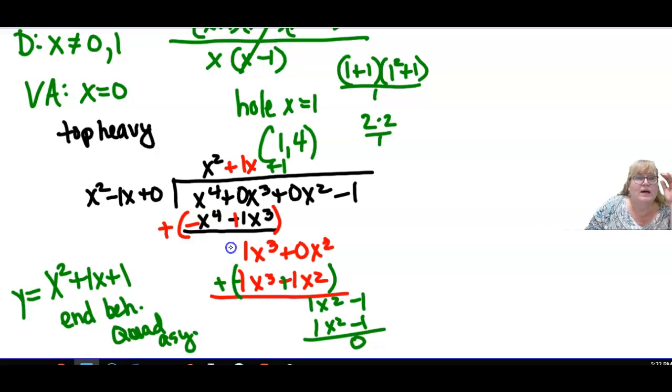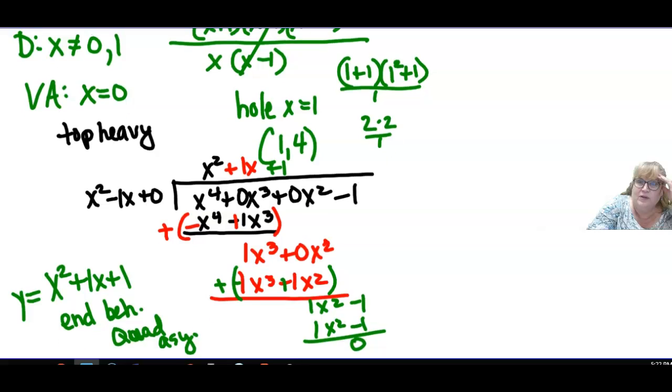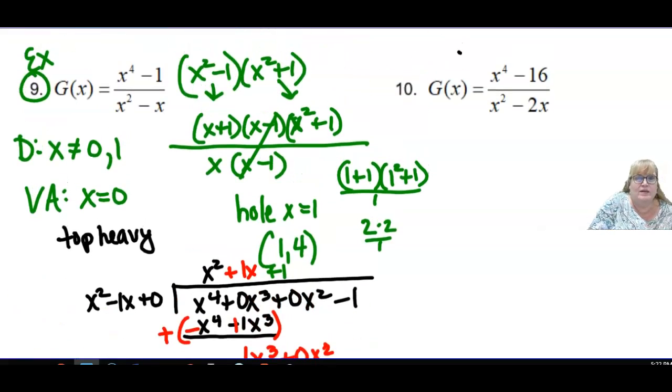Now, I will tell you, you could have cheated. If you went right back up here, we ended up with an x plus 1 times an x squared plus 1 all over an x. If you had multiplied those two back together, x squared times x is x cubed, x times 1 is 1x, 1 times x squared would be an x squared plus an x, and a 1 times 1 is a 1.